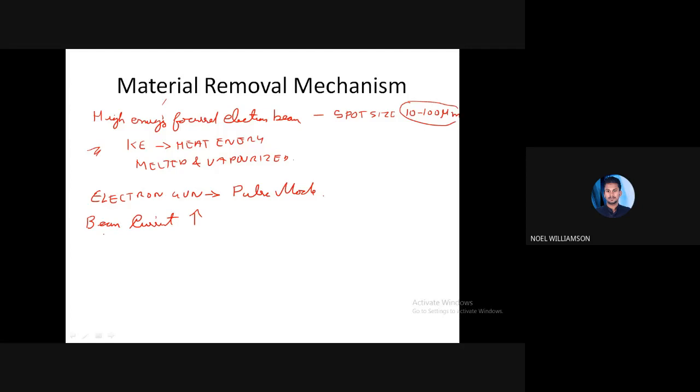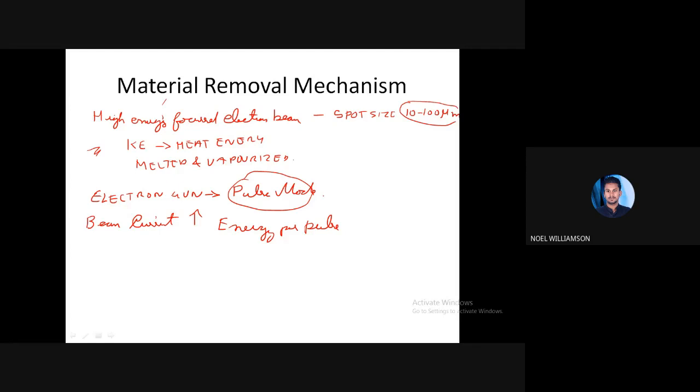When the beam current is increased, the energy per pulse, since the electron gun is working under pulse mode, will also increase.